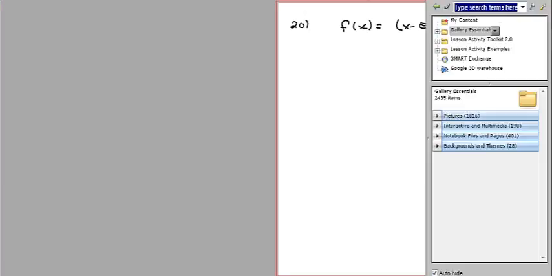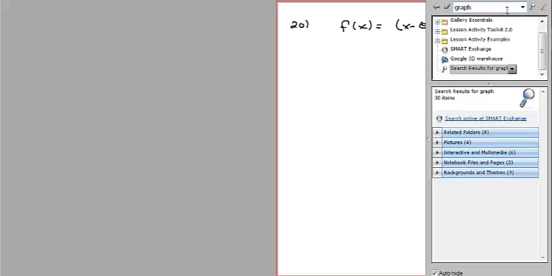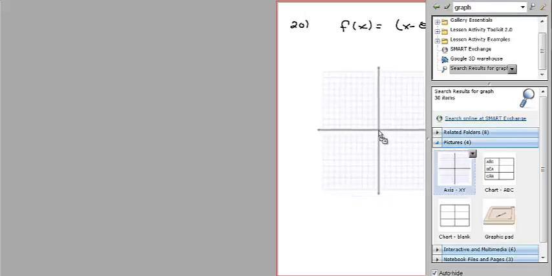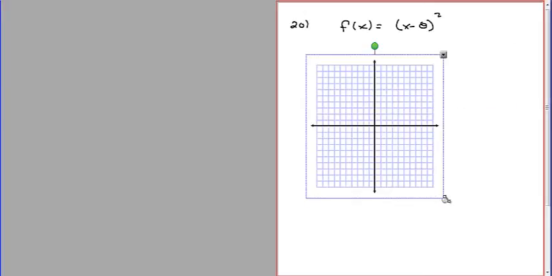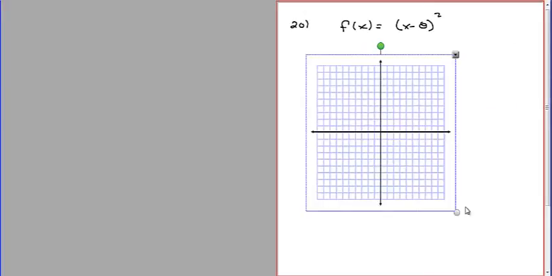So let me get a graph paper so I can do these on a piece of graph paper. Okay, so there we are.